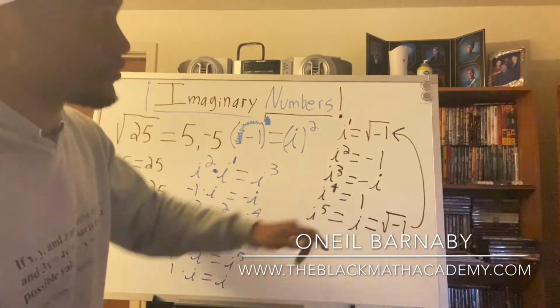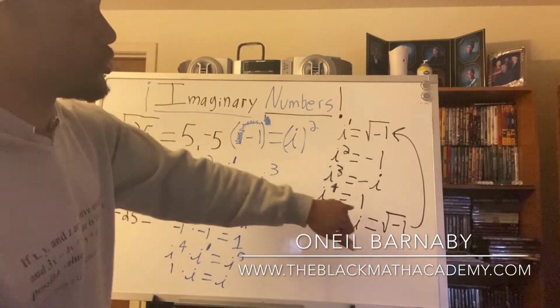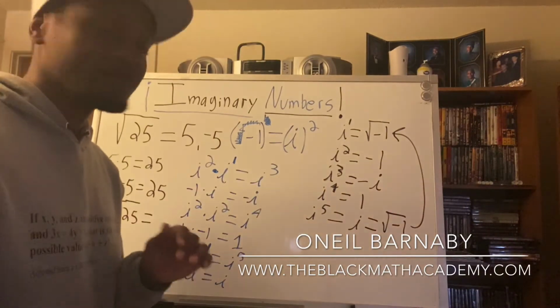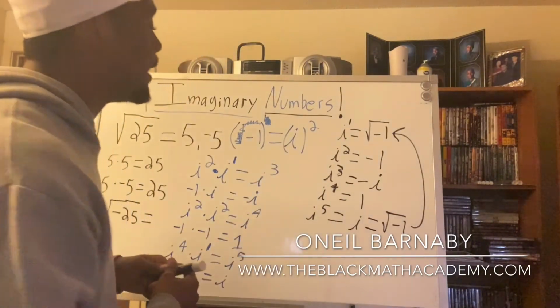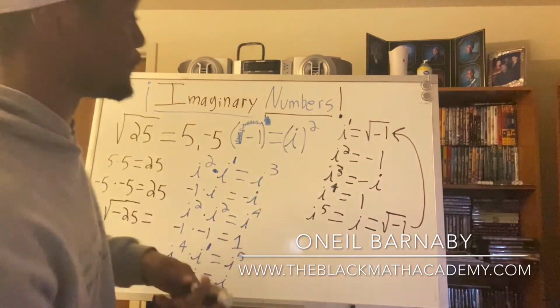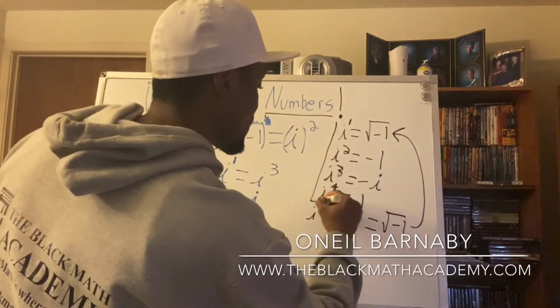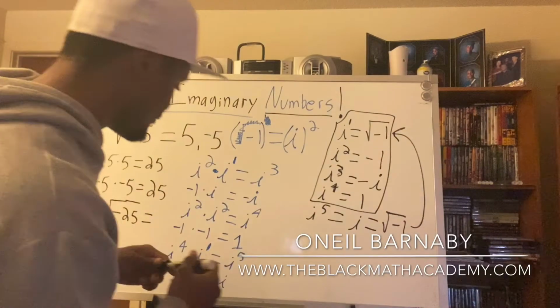And i to the 4th, if you add 4 to that, it'll be i to the 8th, and i to the 8th is also equal to 1. So all those answers just keep repeating themselves over and over again. So there's no real need to remember all those extra values. As long as you know the first 4, you'll be in pretty good shape.